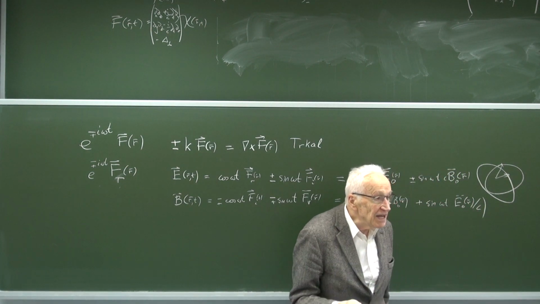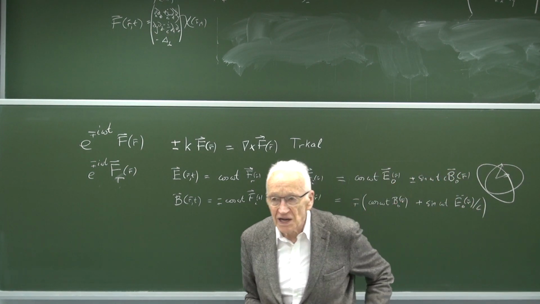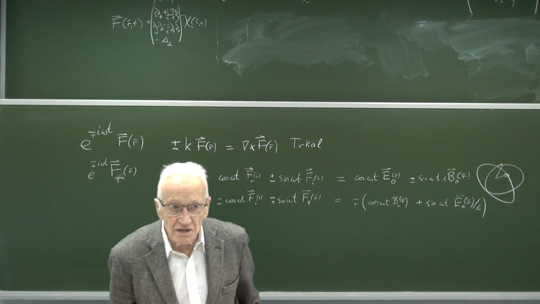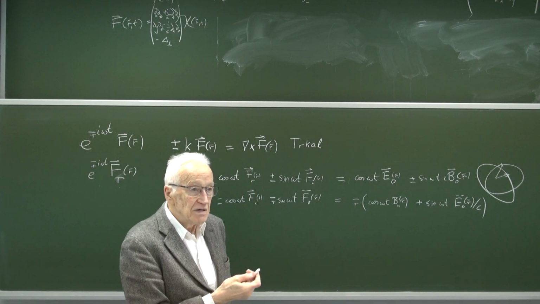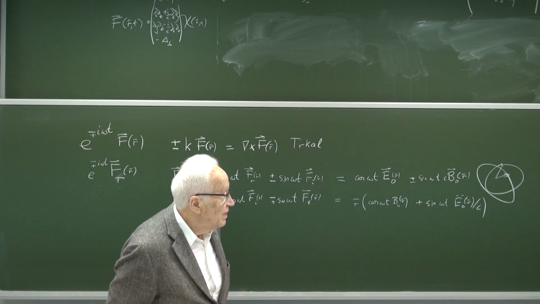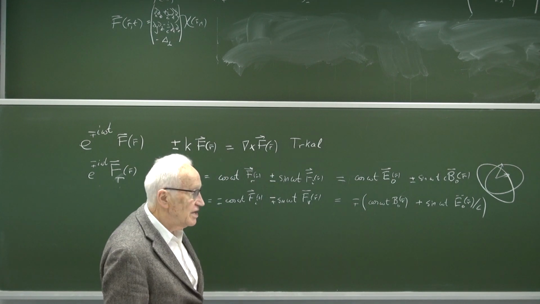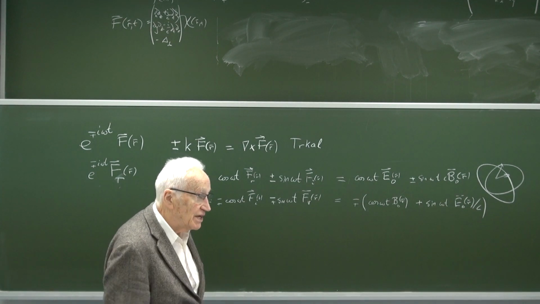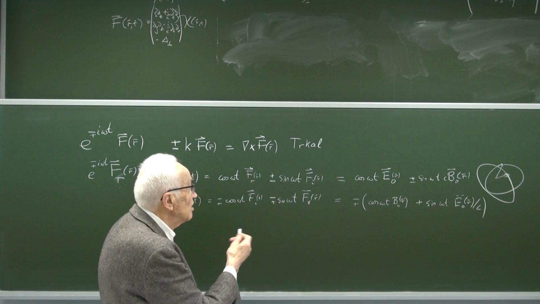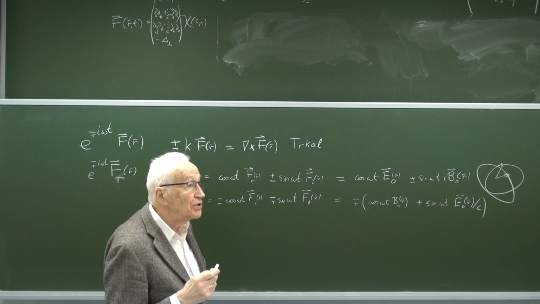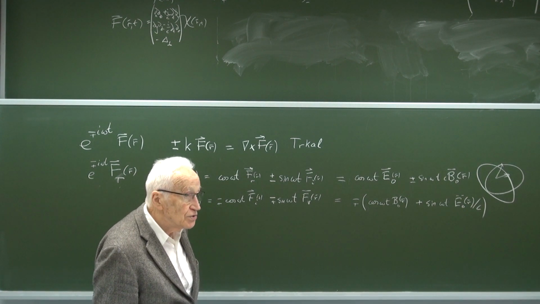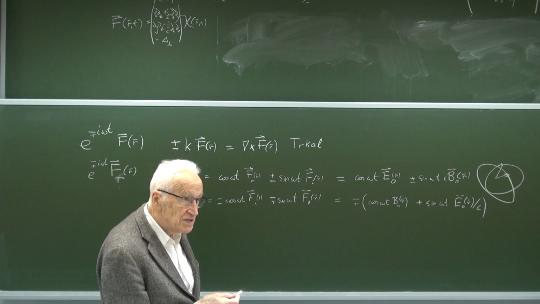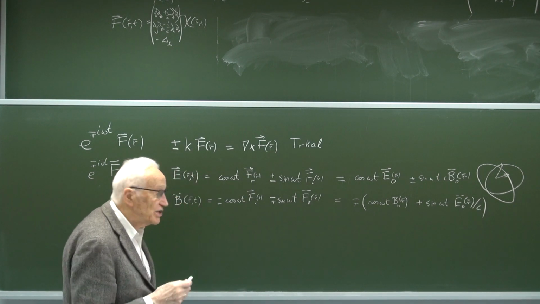So for any electromagnetic monochromatic field, this is the structure. The electric field goes around the ellipse, and so does the magnetic field; there's no more general solution than that. All monochromatic solutions obey this at each point.